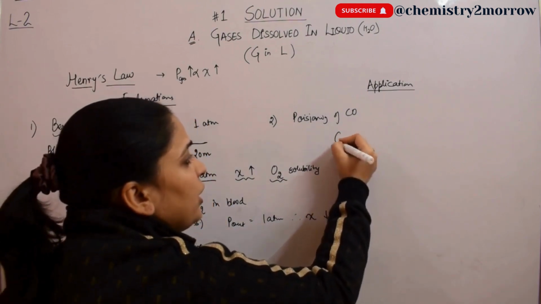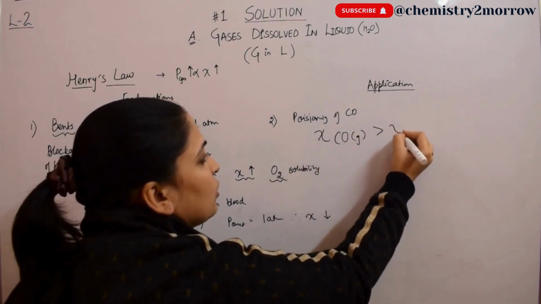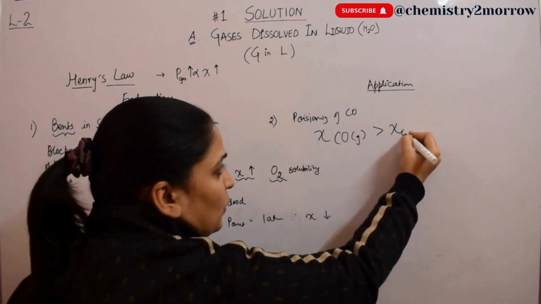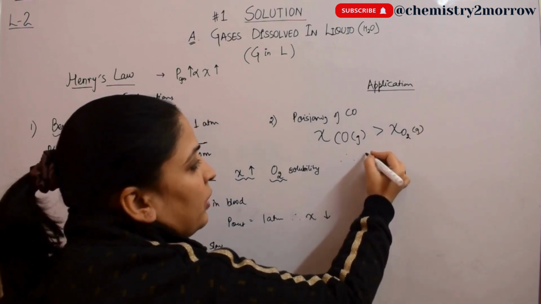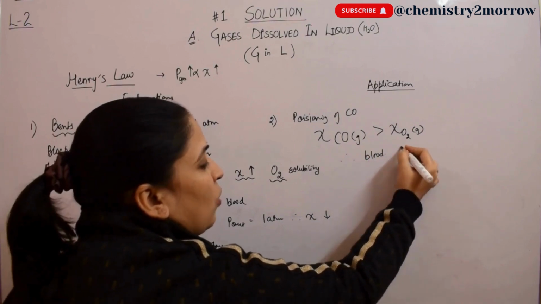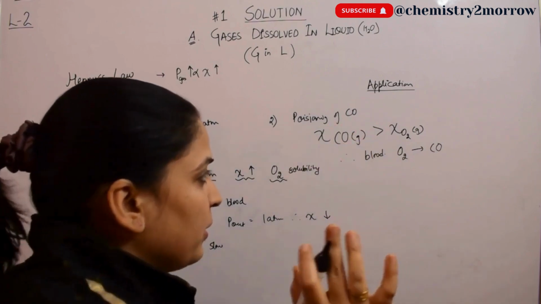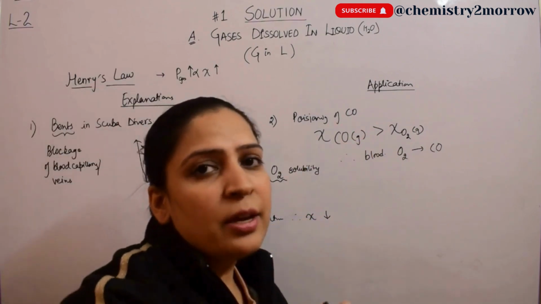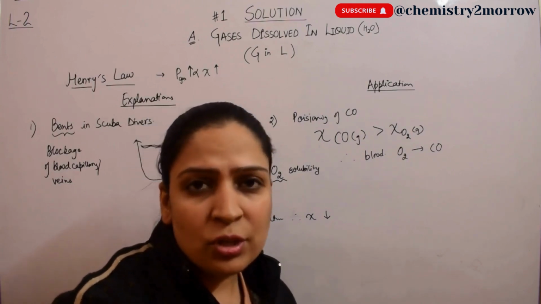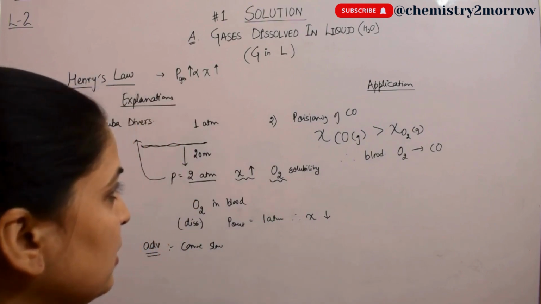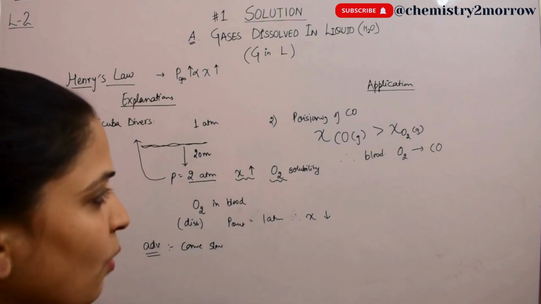Since the solubility of CO is more than the solubility of oxygen gas, in blood oxygen will be replaced by CO, and this is called CO poisoning. When hemoglobin that carries oxygen has less oxygen in it, there is a deficiency of oxygen in our blood. So this kind of poisoning can also be explained by Henry's law.